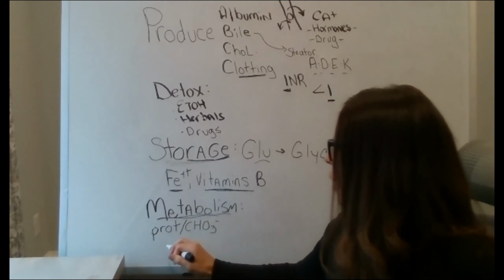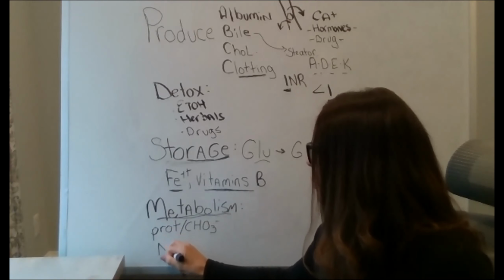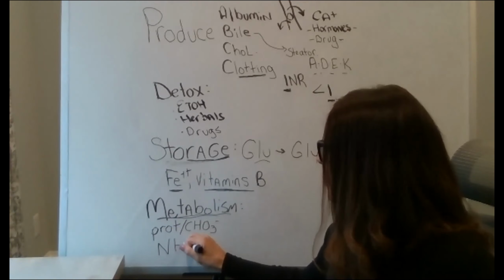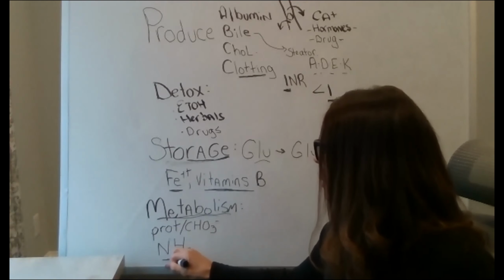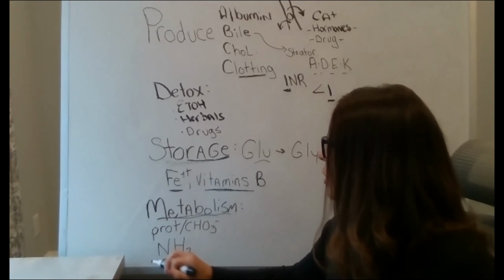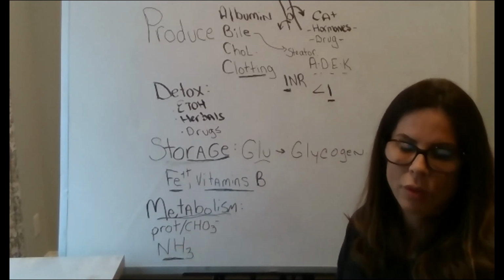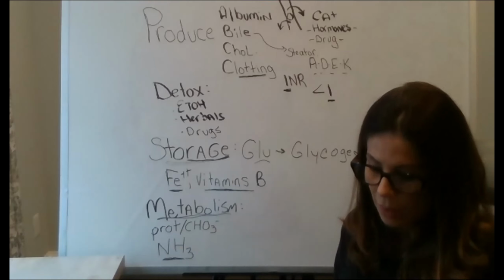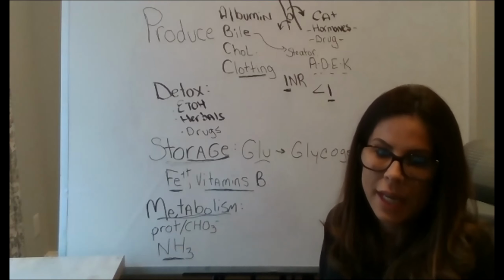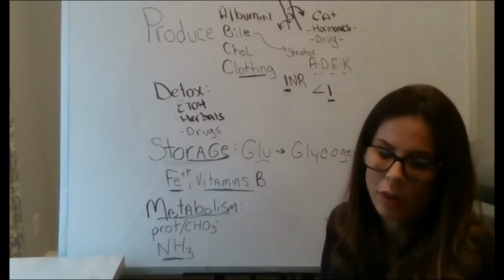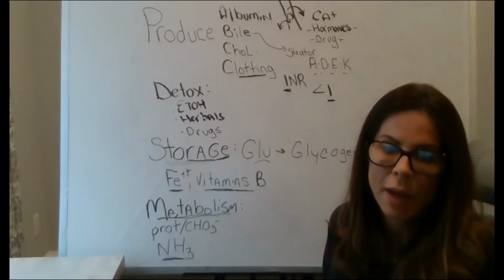A big one, ammonia. NH3 is ammonia. Ammonia is a big chemical that our liver will metabolize for us. As the liver breaks down, our liver is unable to metabolize ammonia, which is a big problem.